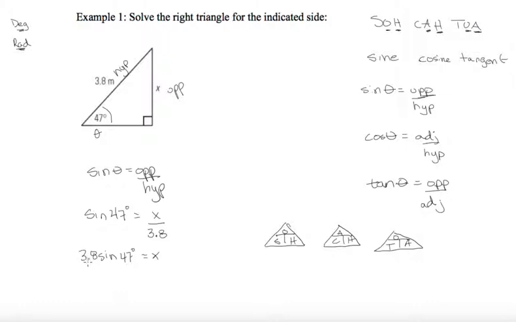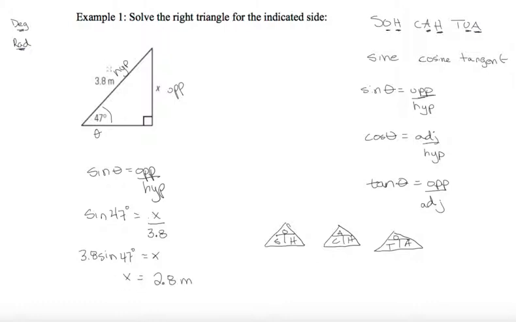So put into your calculator 3.8 times sine 47, or 47, then you'll hit sine, and then you'll multiply that by 3.8. Either way, you should get an answer of 2.8. And in this case, we're talking about meters.